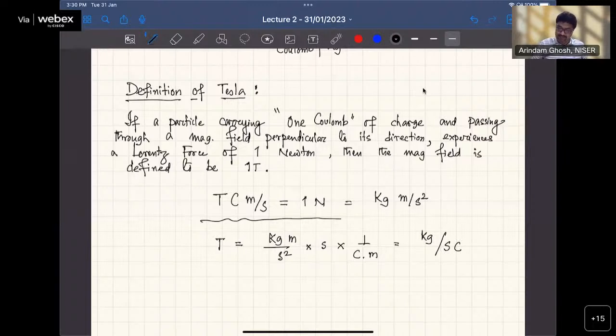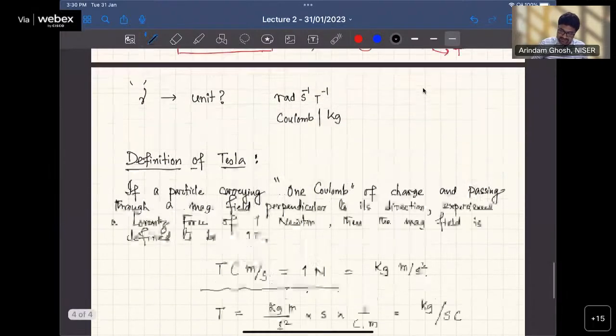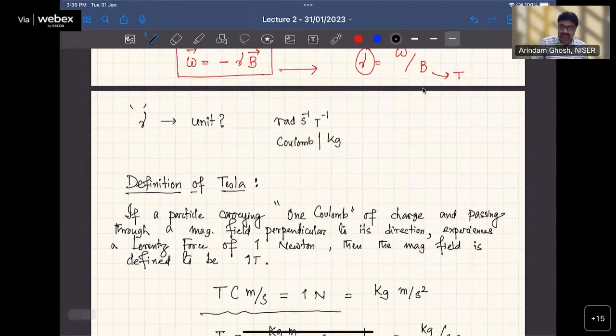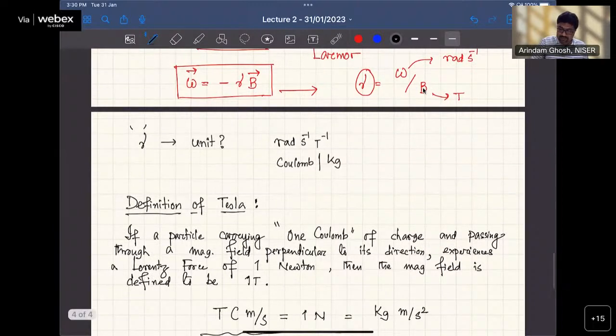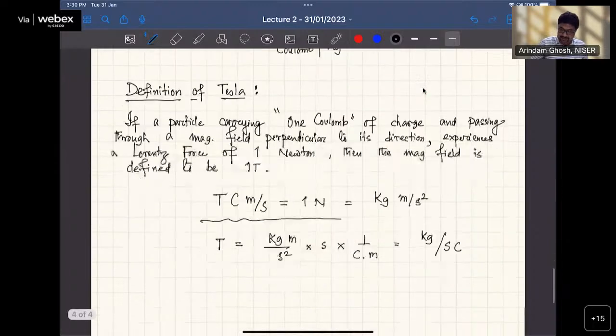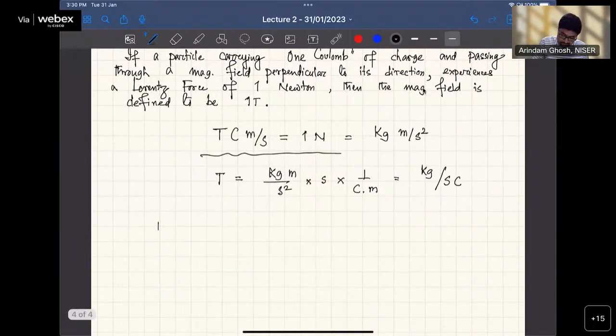So if this is my Tesla, then what is per Tesla per second? Radian doesn't have any unit. So per Tesla, that is inverse Tesla, is second coulomb divided by kg. So per Tesla per second is coulomb by kg.